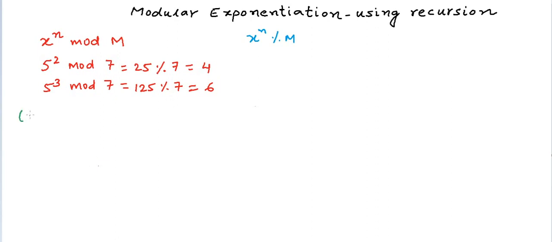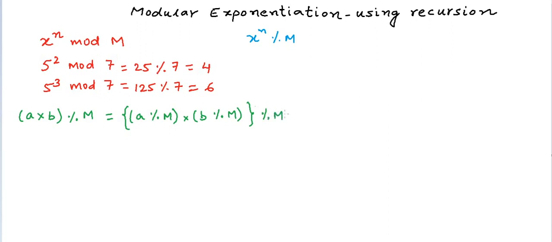So for example, a into b modulo m is equal to a modulo m into b modulo m, and an overall modulo m of this expression. For example, 5 into 7 modulo 3 is simply equal to 35 modulo 3.